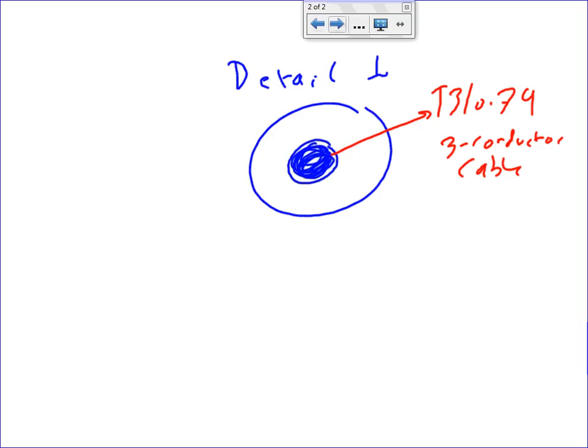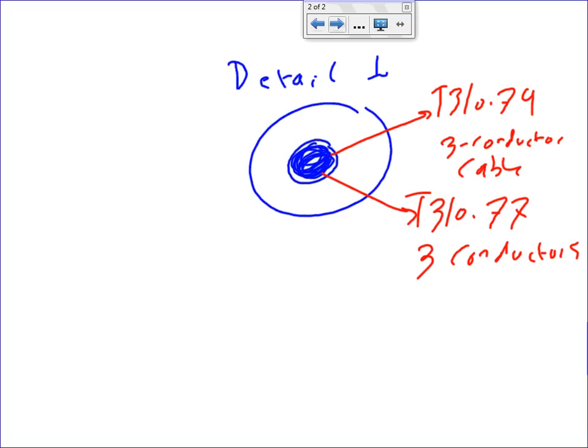And if you use the same detail under table 310.77, that's the single conductors. So if you use it under this table, the same detail, that thing means three conductors.